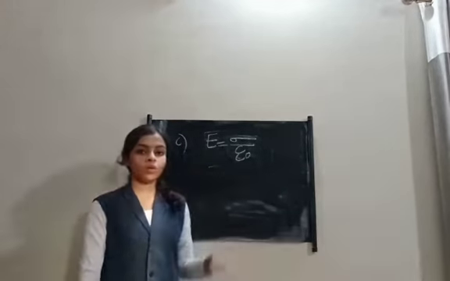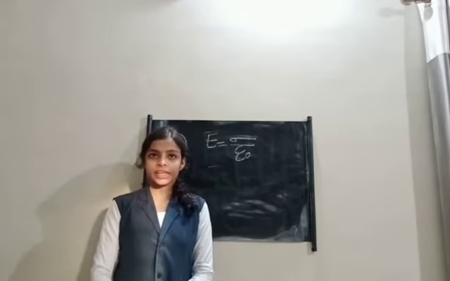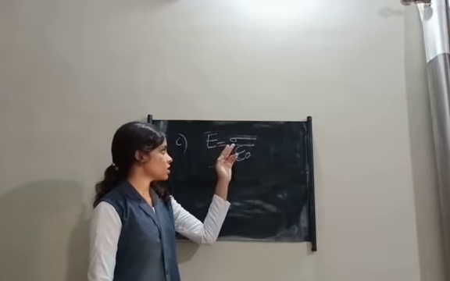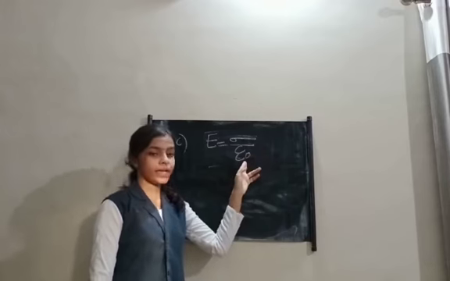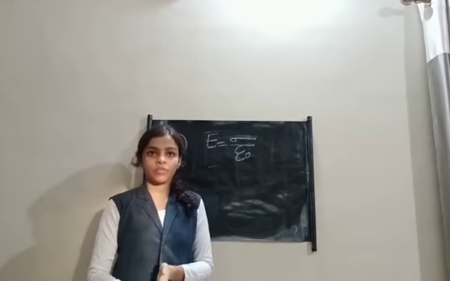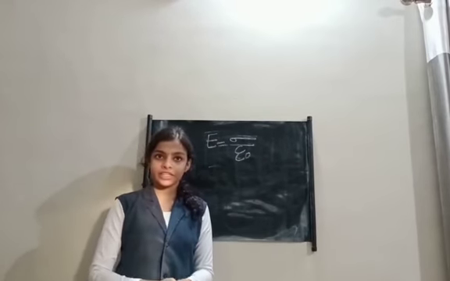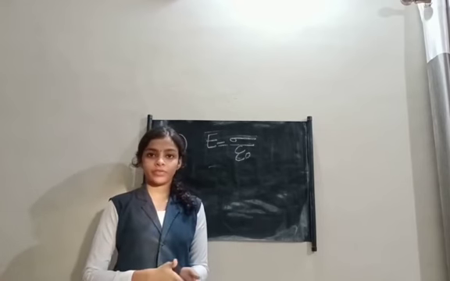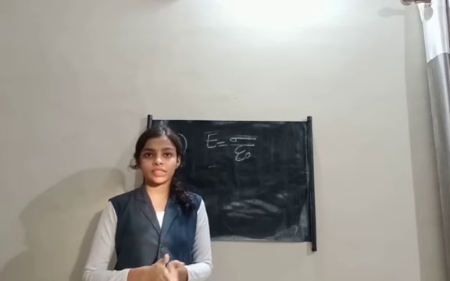Coming to the C part, we know that electric field intensity E in region 2 is given by the equation E equals charge density of plate B by epsilon 0. We know that epsilon 0 is the permittivity of free space and its value is 8.854 into 10 raised to minus 12.